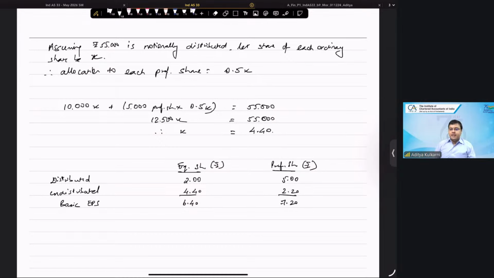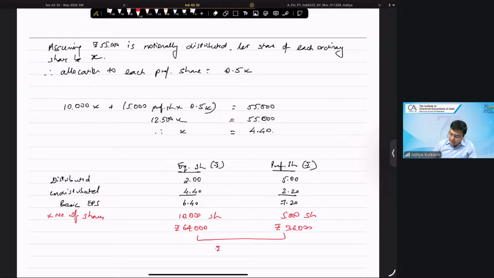This is your basic EPS. Sir, how do we cross check? Because we started off with profit of 1 lakh, let us multiply that by the number of shares. Number of shares is 10,000 here and 5,000 there. When I multiply 10,000 into 6.4, it is 64,000. 5,000 into 7.2 gives me 36,000.